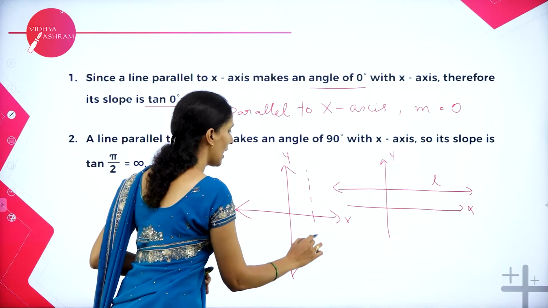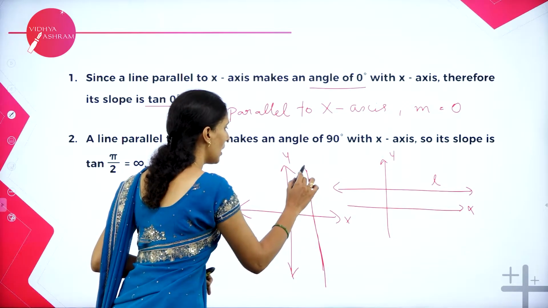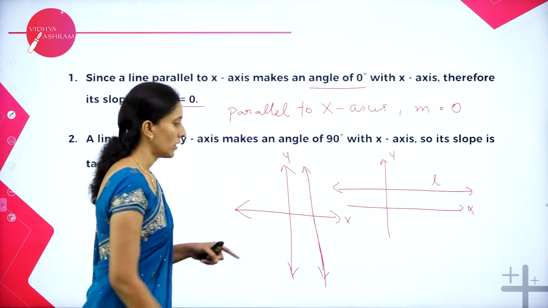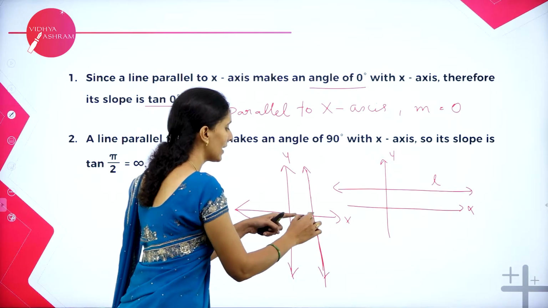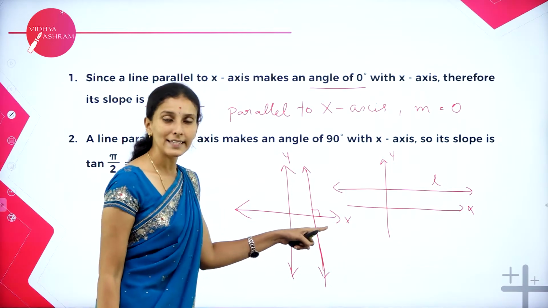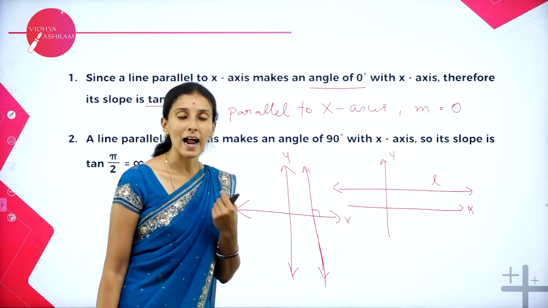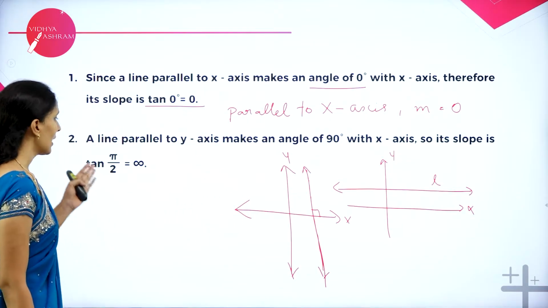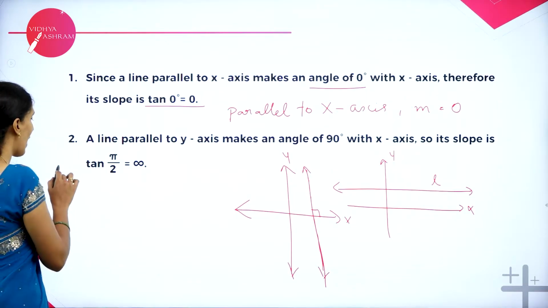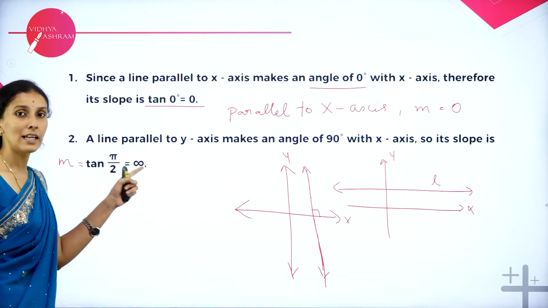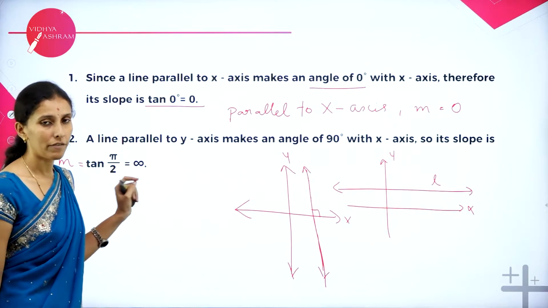If I take a line which is parallel to the y-axis, what angle is this line creating along with the x-axis? It is exactly 90 degrees. So tan 90 degrees is undefined. So we say the value of the slope m is infinite, or infinity.